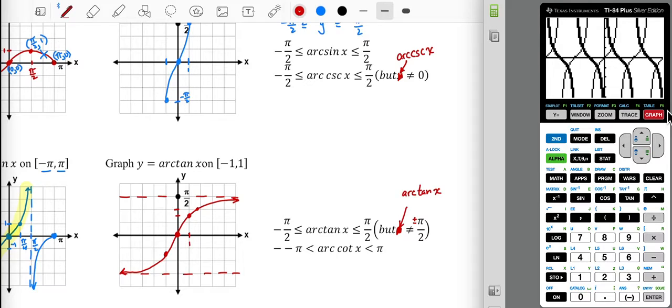All right. So hopefully you can tell, but not only is there a reflection, allowing it to, instead of being an increasing function, be a decreasing function, but there's also a shift.